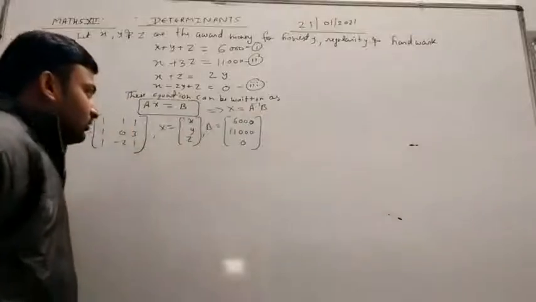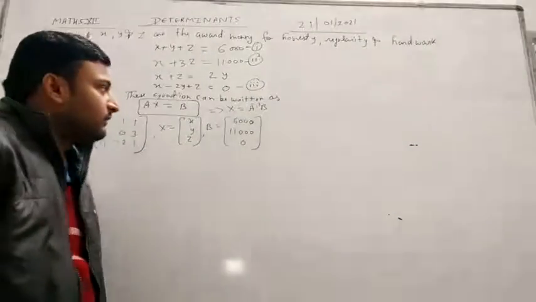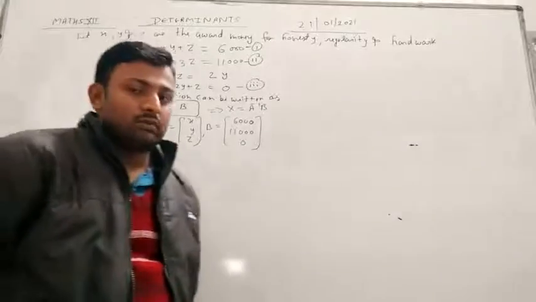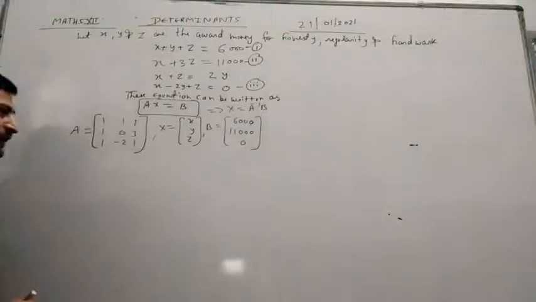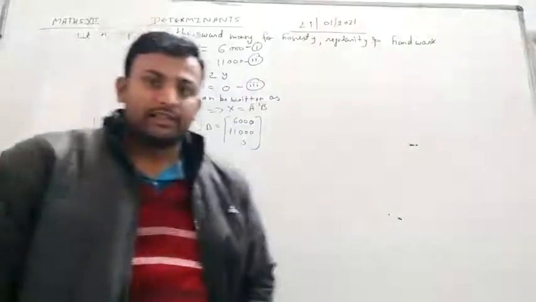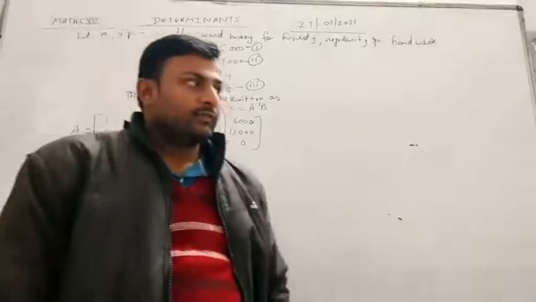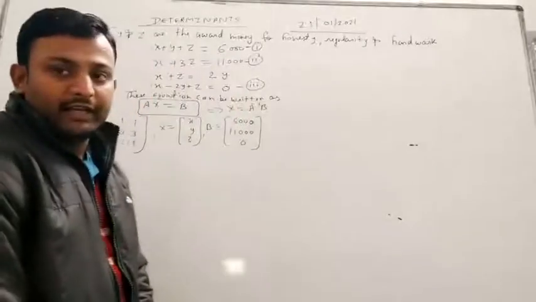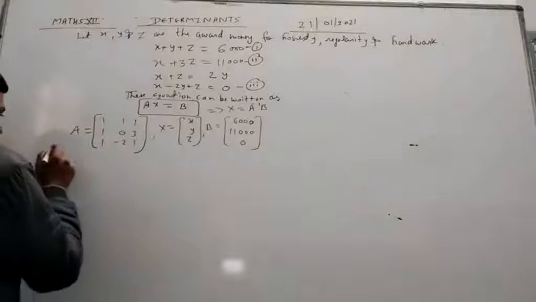To find A inverse, we know the formula: adjoint of A upon determinant of A. So first of all, we will find the determinant of A. If the determinant of A is not equal to 0, then we can say that A inverse exists.